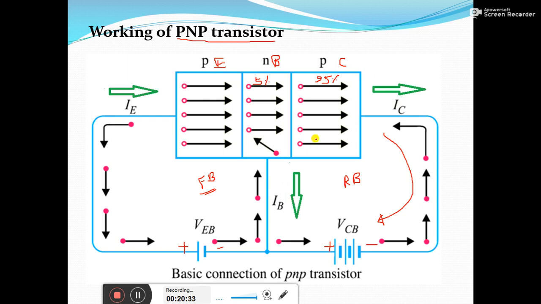Again, as in the previous case, if you consider the base as the node and apply the KCL equation, which is the sum of incoming currents equal to the sum of outgoing currents. With respect to this node, the IE current is an incoming current, and the IC as well as IB currents are both outgoing currents.